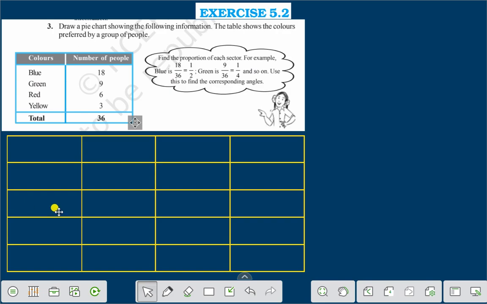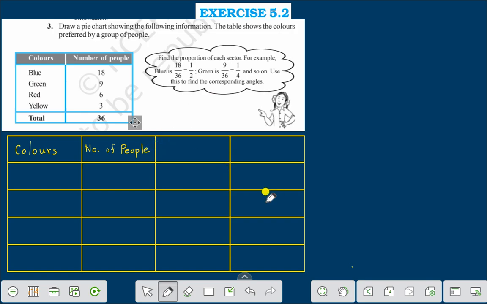Here it is colors. Next is number of people.